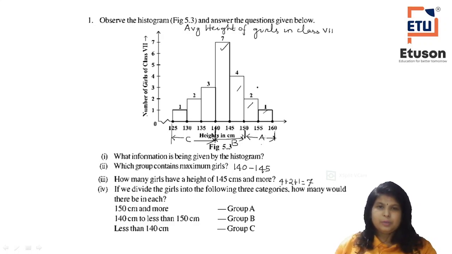That means the number will be 2 plus 1, that is 3. So for group A, it is 3.